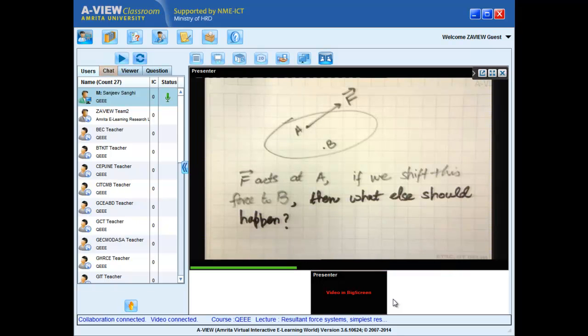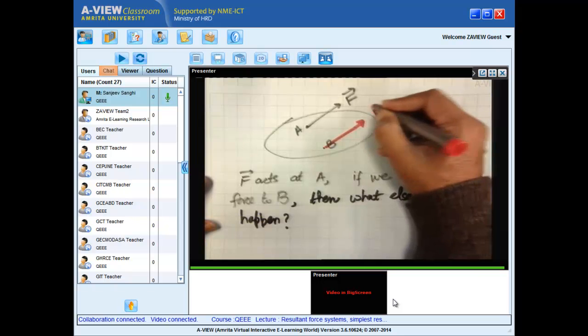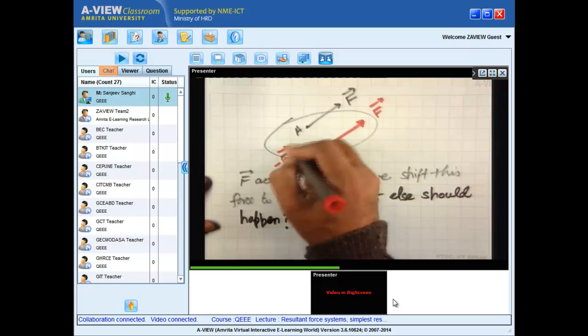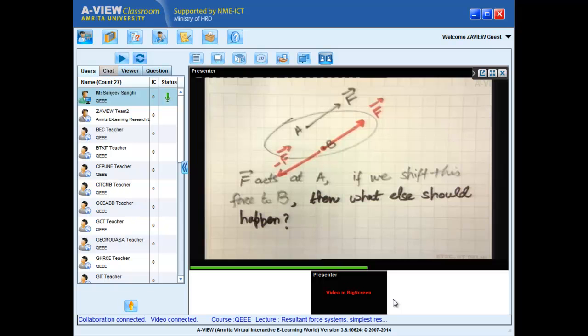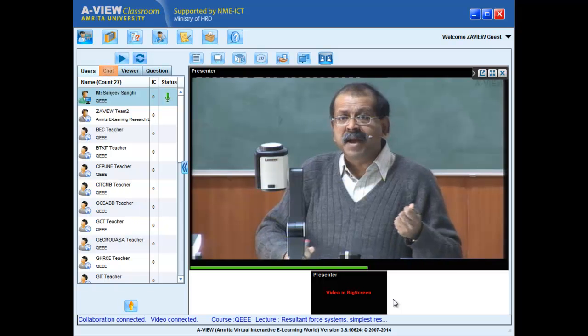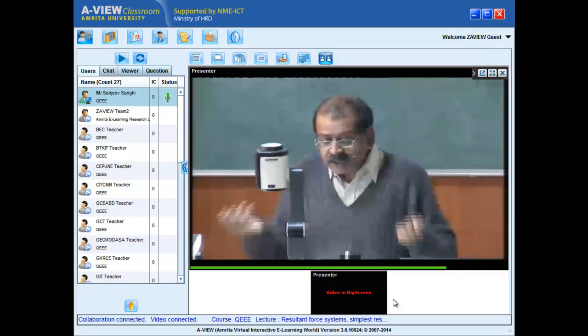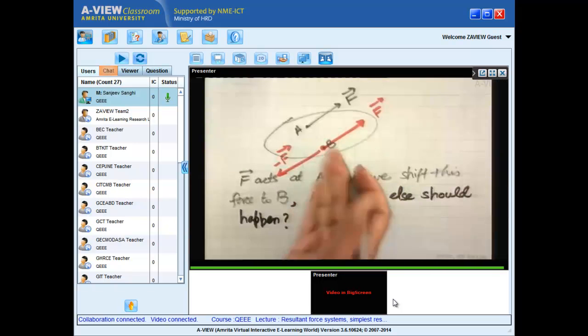For that, at point B, let me add two things, with a different color. Let us put a force F and a force minus F at B. Am I allowed to do this? What is the net resultant on point B? Obviously it is 0, because I have put two equal and opposite forces at the same point.